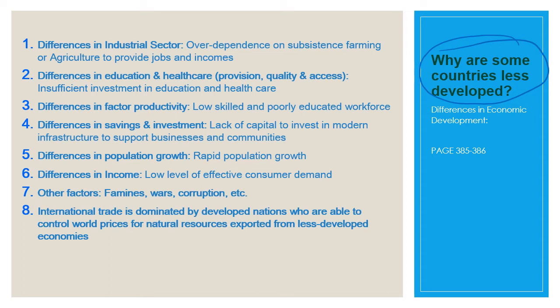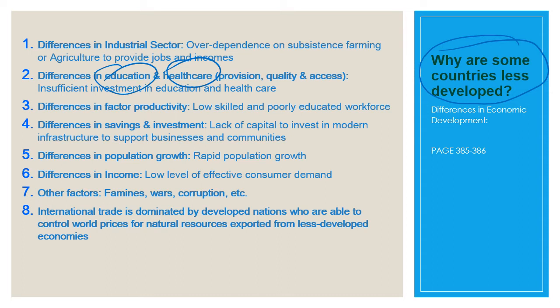The second reason would be the differences in education and healthcare. So we're talking about the quality and access to education and to healthcare. Now remember, both education and healthcare are considered to be a merit good provided by the government. So it benefits all of the society.